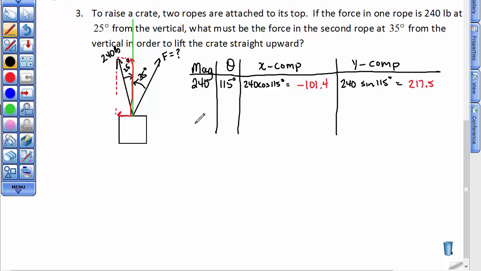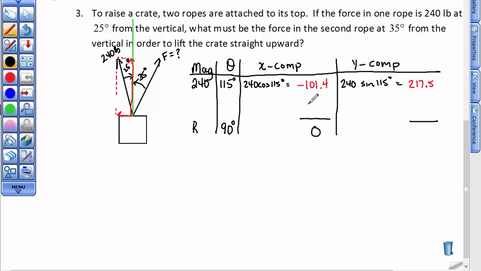What I want is my resultant, here's the reason why this table might be a little bit difficult. I want my resultant to be at 90 degrees, so I want it to go vertical only. So I want my x components to add to 0 for this thing to go in the y direction only.